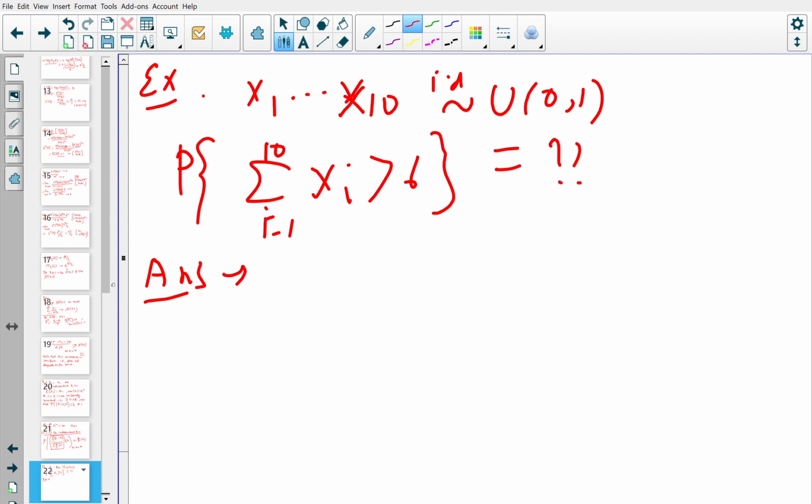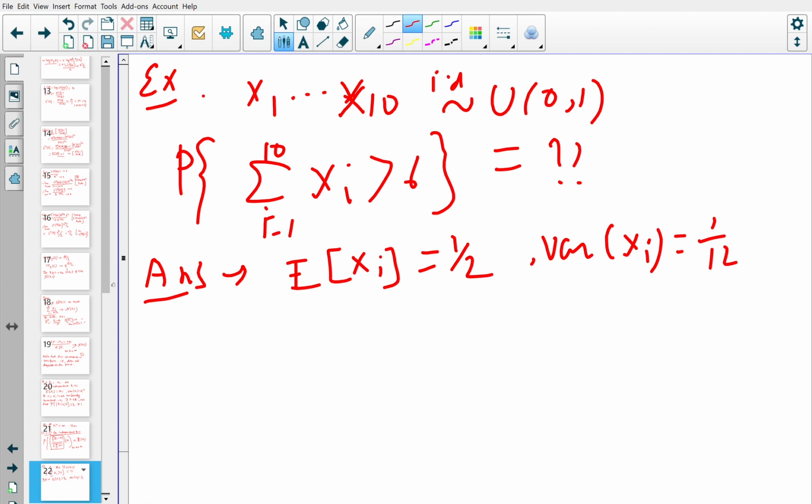So you know these are IIDs and they are uniform, so you know that each of them has a mean which is half, and the variance of this xi is 1 by 12. This you already learned in the class. And the central limit theorem tells me that the probability that the summation of xi, i equal to 1 to 10, is greater than 6.